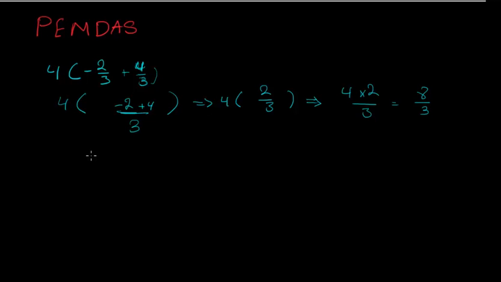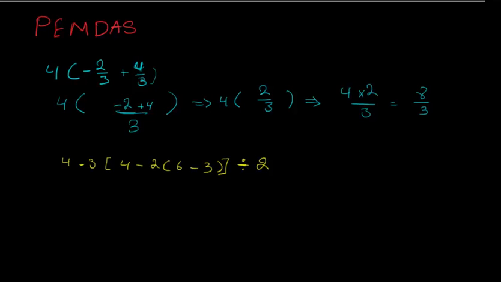Let's do some more examples. Let's say we have 4 minus 3 square bracket, 4 minus 2, parentheses 6 minus 3, close the parentheses, and square bracket, and divide it by 2.